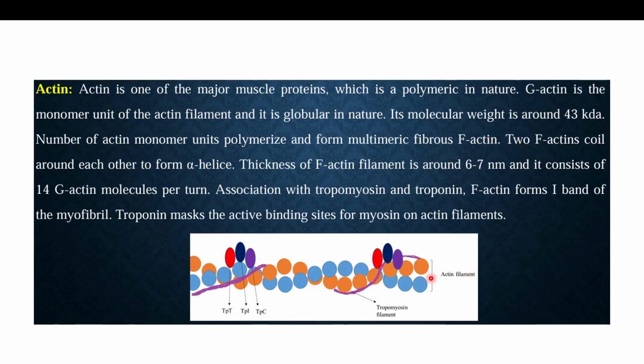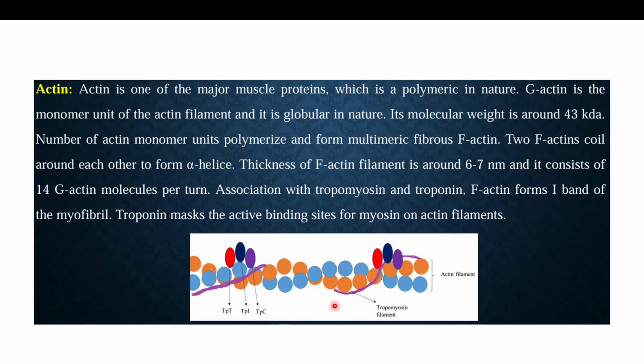Okay. And when we talk about these two filamentous actins, this orange one and the blue one here, these two F actins can coil around each other to form an alpha helix. Okay. And eventually, the thickness of the F actin formed by these two individual actin filaments is around 6 to 7 nanometers, and there are approximately 14 G actin monomers in one turn.